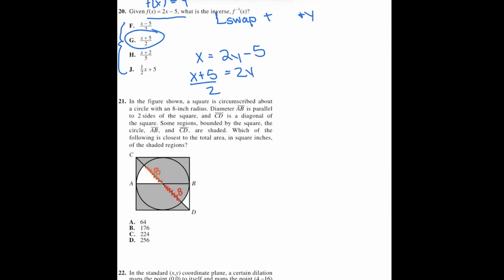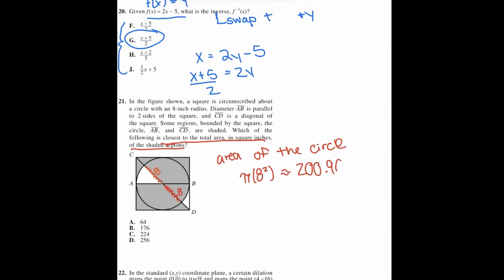What you can also do is find the area of the circle and do process of elimination, because what we're actually finding is which of the following is the closest to the total area of the shaded region. So let's go with area of the circle. So we go pi r squared, so we go 8 squared, and we are of course going around 3.14 times 64, which is going to be about 200.96, and that is just the area of the circle.